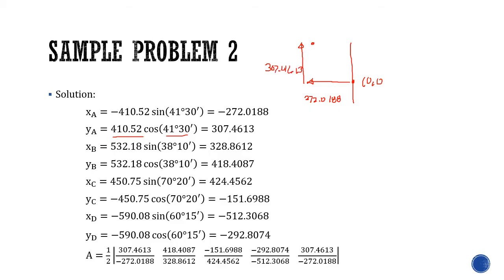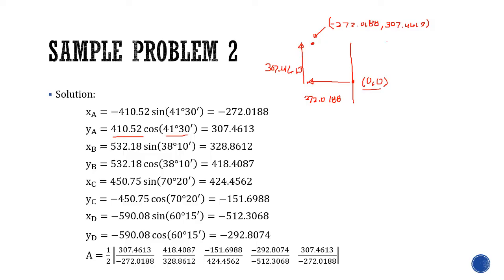So the coordinate of this one, if this is 0, 0, is negative 272.0188. Bakit negative? Kasi nasa west side siya. Bakit positive yung 307? Kasi nasa north side siya. So that is the coordinate of A.